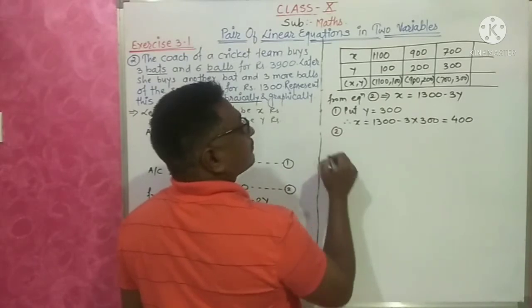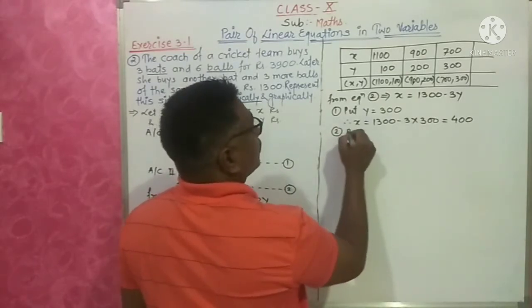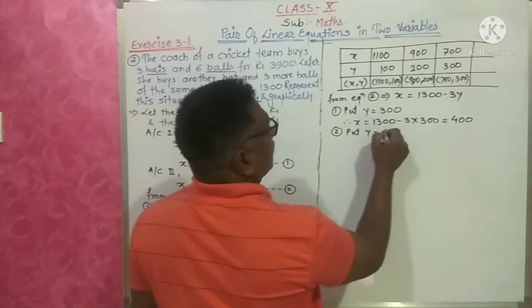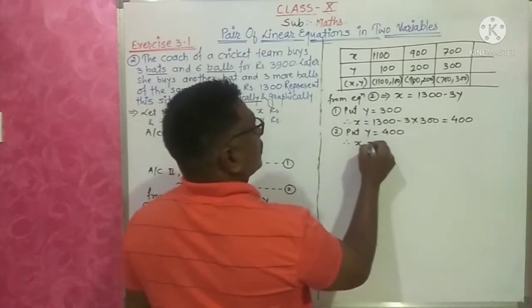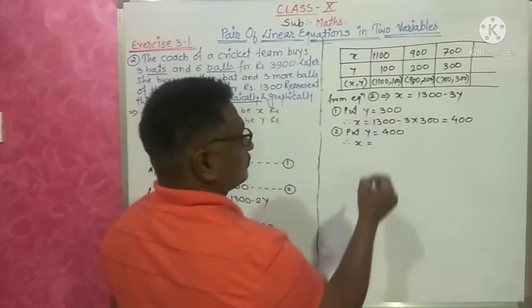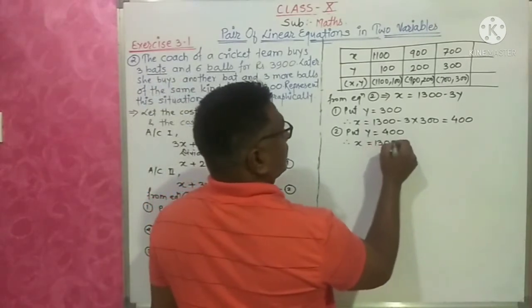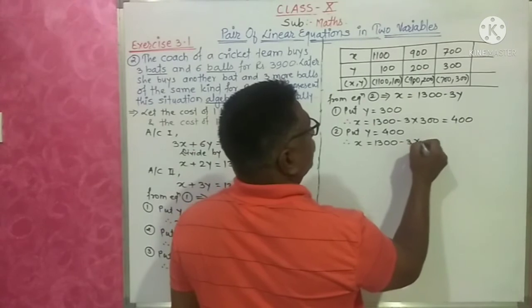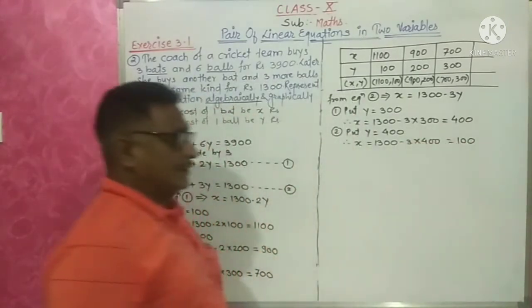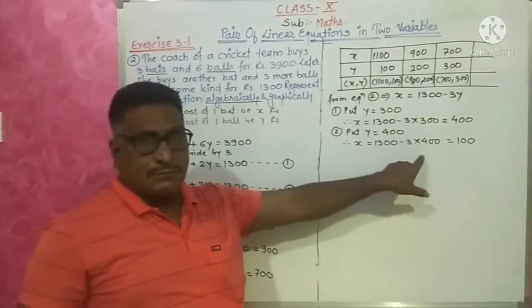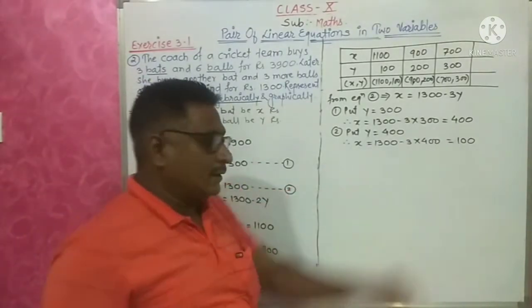Now second, put y equals 400. So x equals 1300 minus 3 into 400, which is 1300 minus 1200, that is 100.